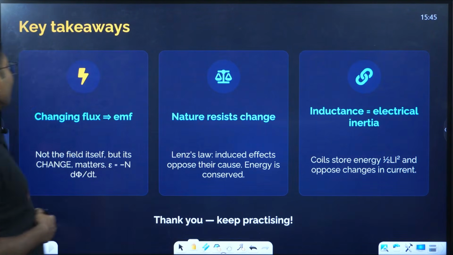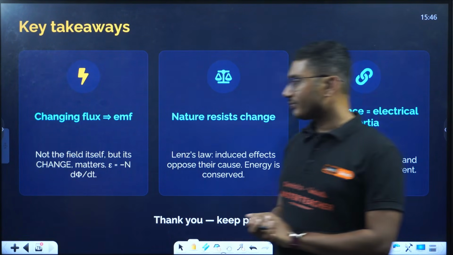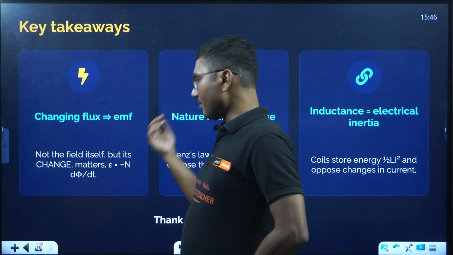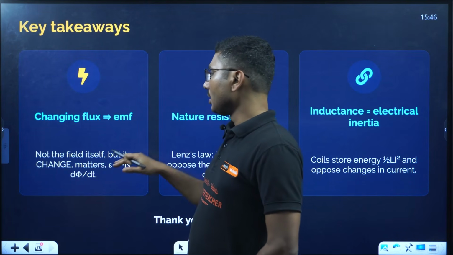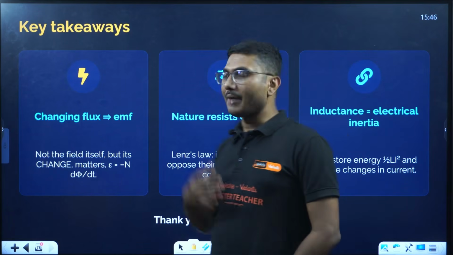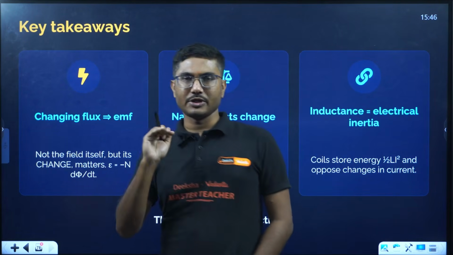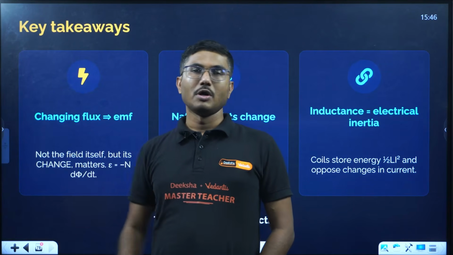Now let us look at the key takeaways. Changing flux gives rise to EMF, not the field itself. If you have a coil and a very strong magnetic field, it will not produce a single induced EMF, and a single electron will not move.